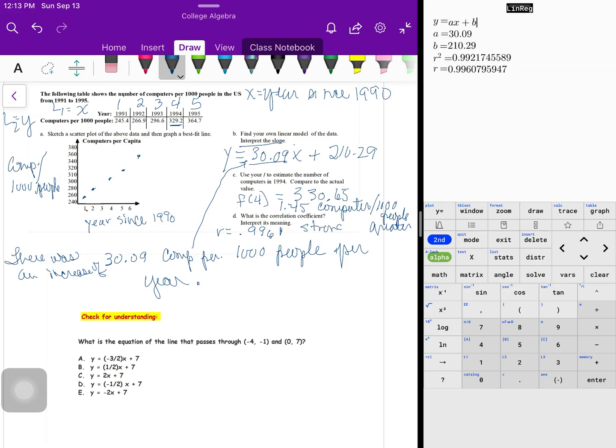That is strong positive correlation. If you are using a Texas Instrument, you will need to turn on your correlation. So you would press second mode and go down to Stat Diagnostics and turn it on. If you're wondering, I have another video attached just for the TI calculator instructions.